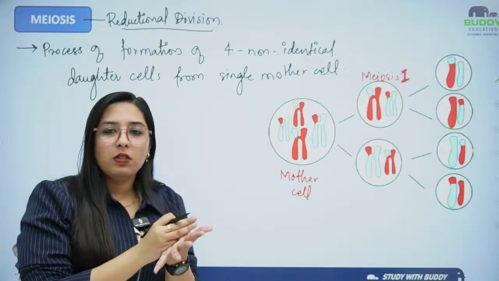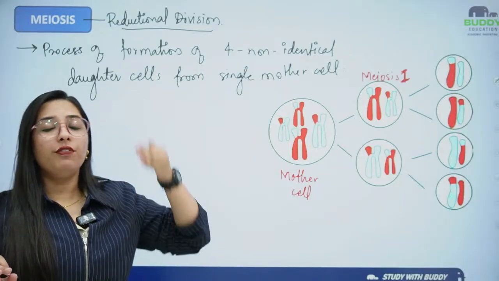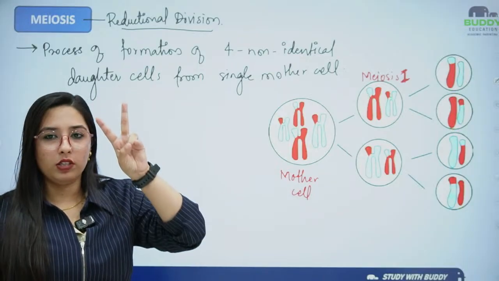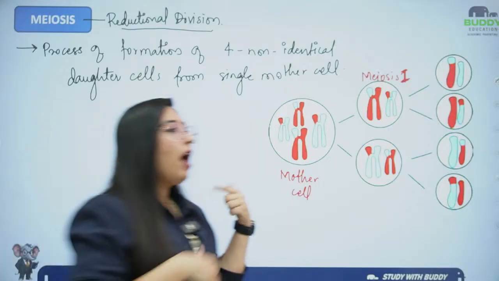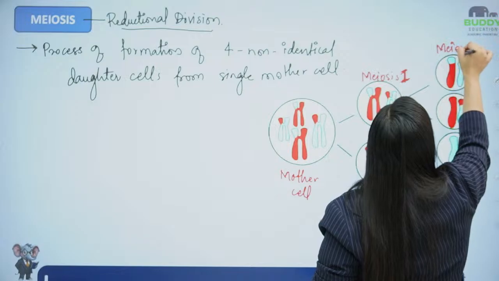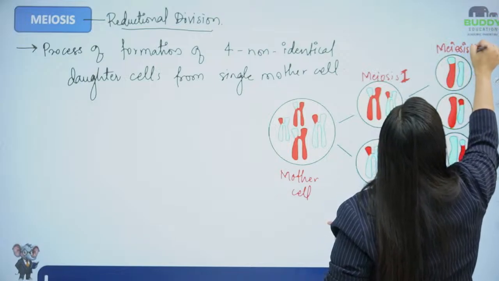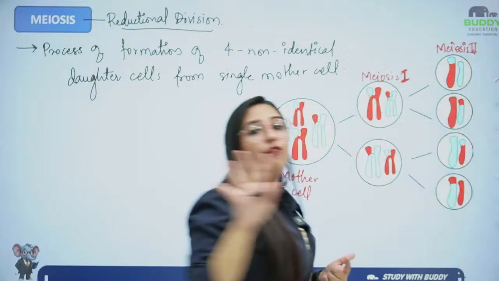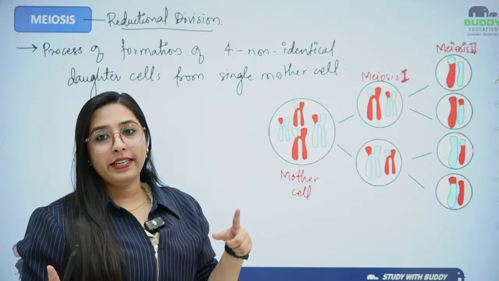After the first division of meiosis, we get 2 cells. After the second division of meiosis, we get 4 daughter cells which are non-identical.